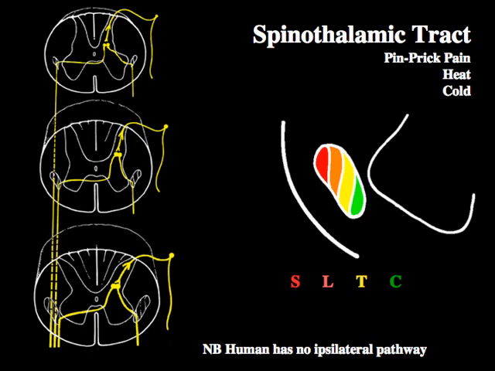Again, let's look at that somatotopic localization in more detail. And you can see that we've got the same concept that in the cervical spinal cord, we can draw a picture of the animal onto this tract, but this time the caudal areas are lateral and the cranial areas are medial.